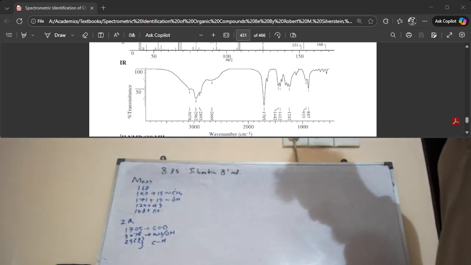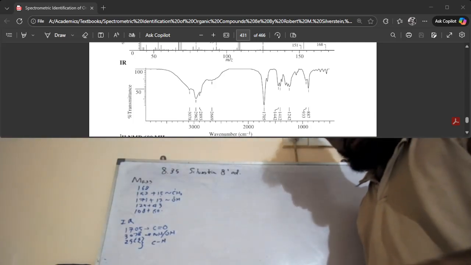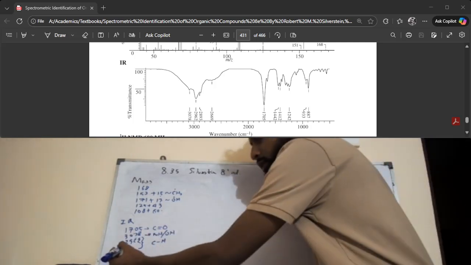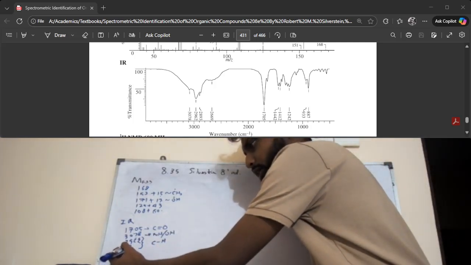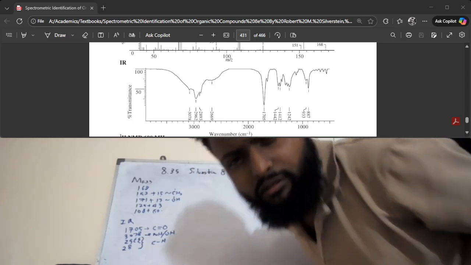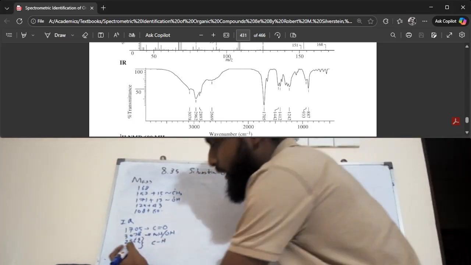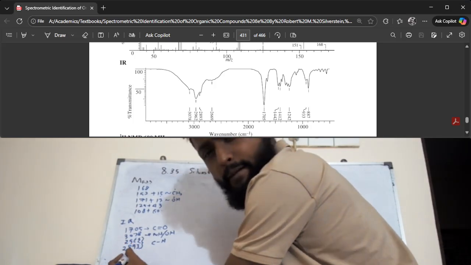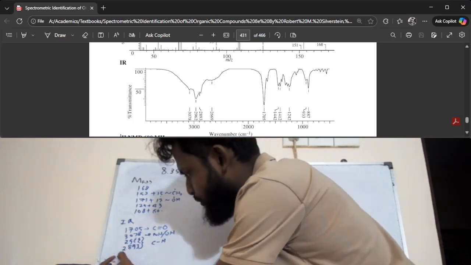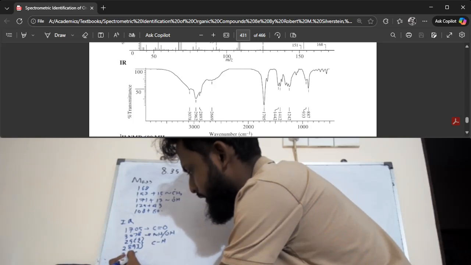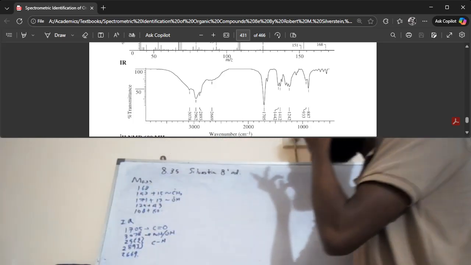So we are going to leave it there. But as a general practice, I'm going to write the peak values: 2893, and then 2669. These are the IR peaks.